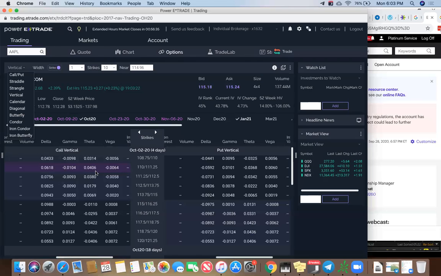Okay, I'm still confused. So the stock price initially was 115. You bought it at 115, my friend. And you got it for $5, right? Now your price went to $112. It went to 112, so your spread value, the intrinsic value, went down to $2.